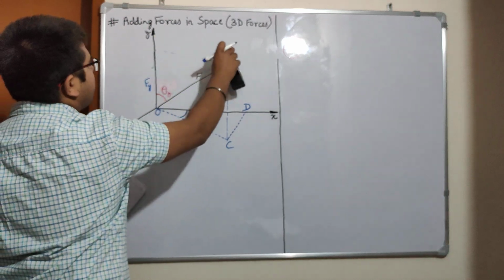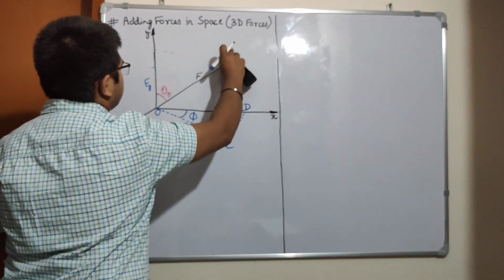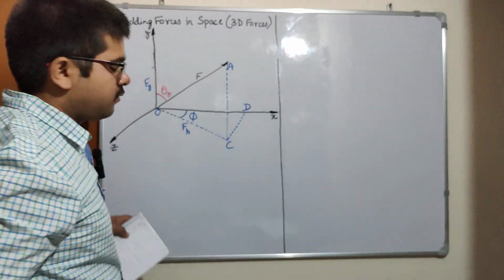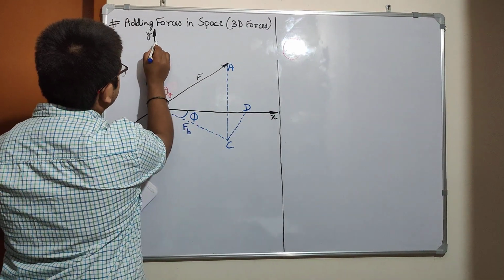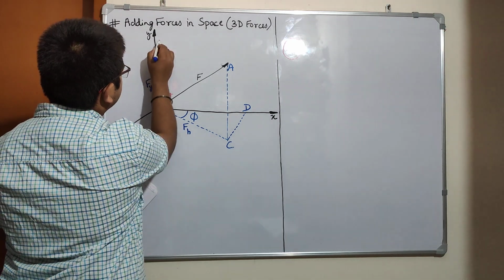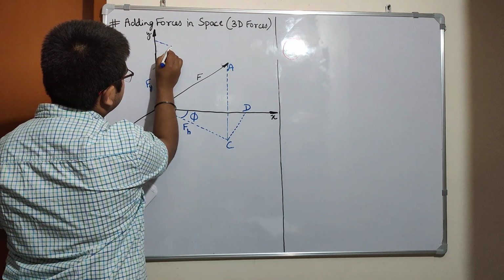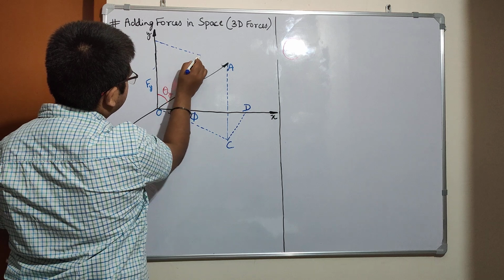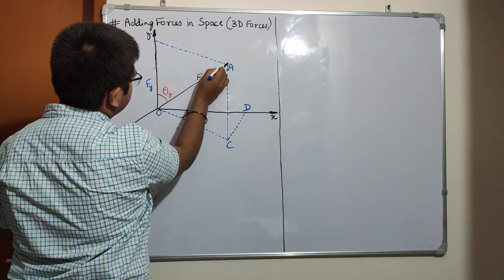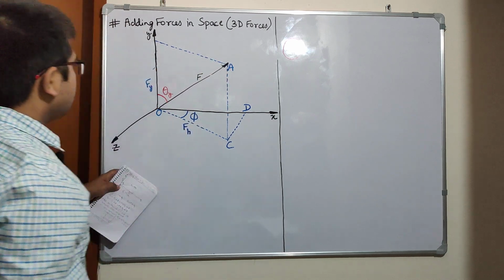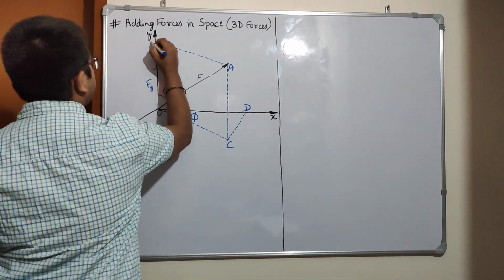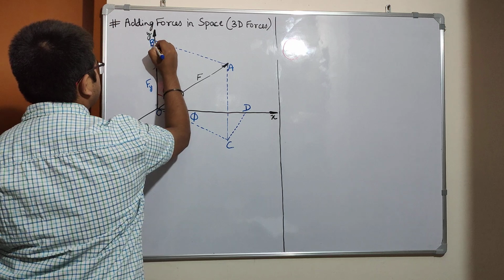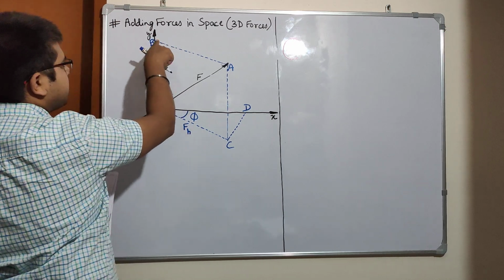So this is Fy, and this point is point B.